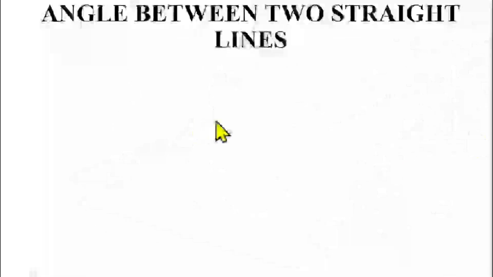Now, the last thing we are going to be discussing under coordinate geometry is the angle between two straight lines. How can we find the angle that exists between two straight lines on the coordinate geometry?